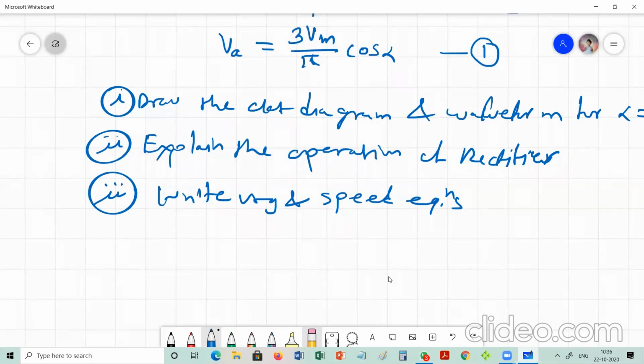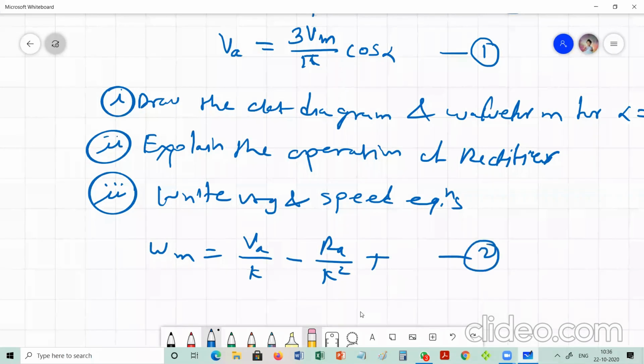So this is the voltage equation for the three phase fully controlled rectifier. The speed equation is omega m = Va/k - Ra/k^2 into T. Instead of Va we can use equation number 1.